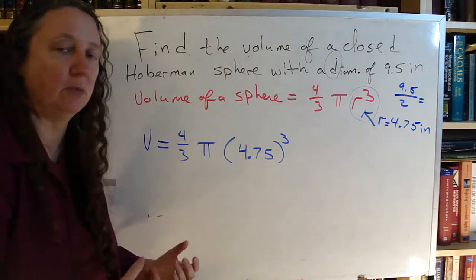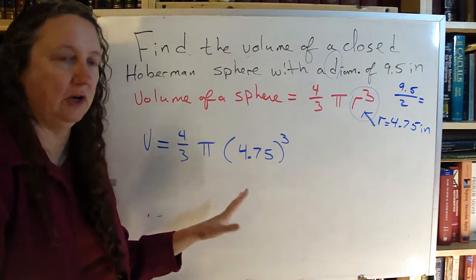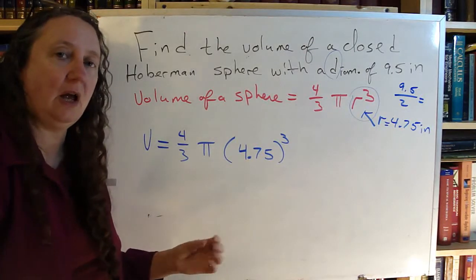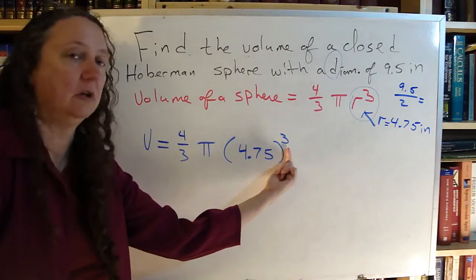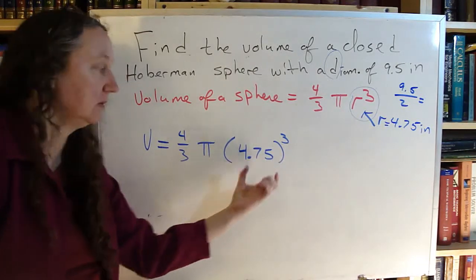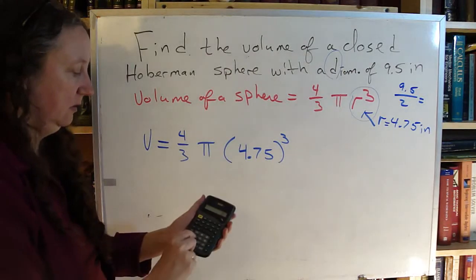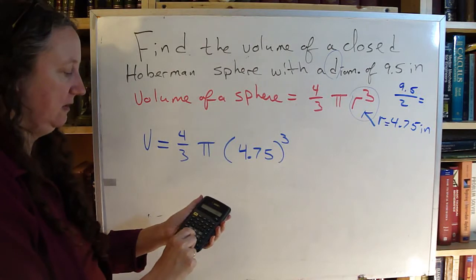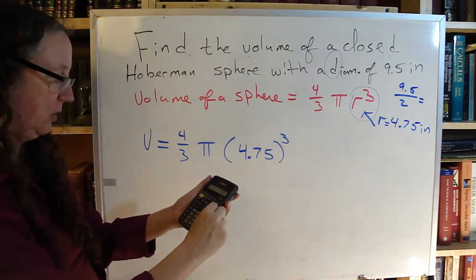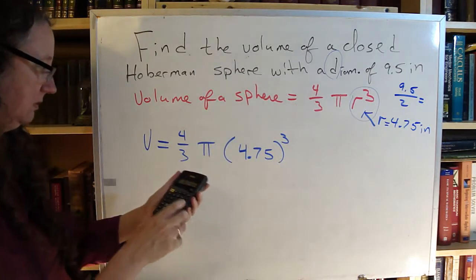Order of operations, parentheses first. I can't do anything inside of them, they're just there to hold that number together. After parentheses, exponents. I have to apply the 3 to that whole number. 4.75 raised to the exponent 3 equals.